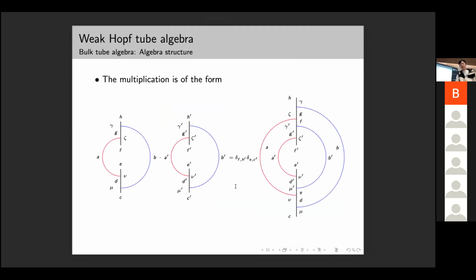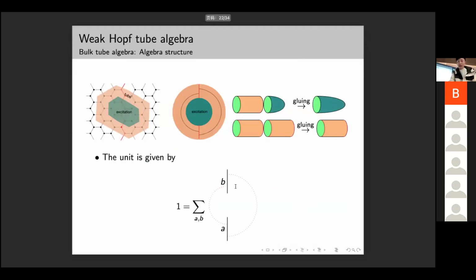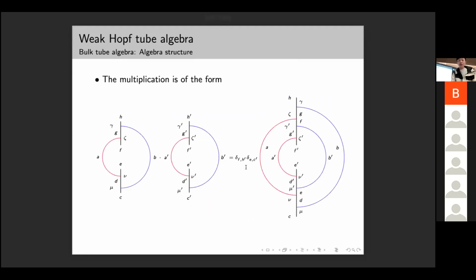And the multiplication can be defined very intuitively. I mean that for two tubes, we can just take the gluing of these two tubes, then we get a new tube. For this process, we can just take the inner product, because this action is on the right hand side, so we can just fuse them together, and we can just multiply them together.